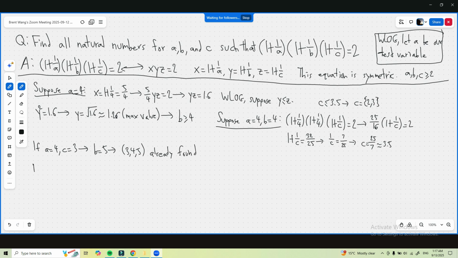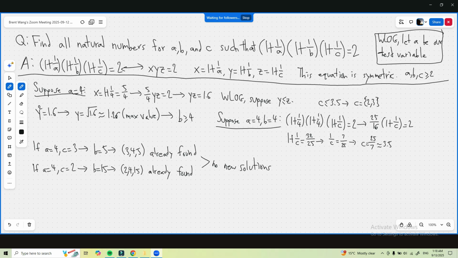And if A was equal to 4 and C was equal to 2, then B would be equal to 15, and you get the solution set 2, 4, and 15, which was already found previously when we assumed A was equal to 2. So there are no new solution sets. No new solutions.